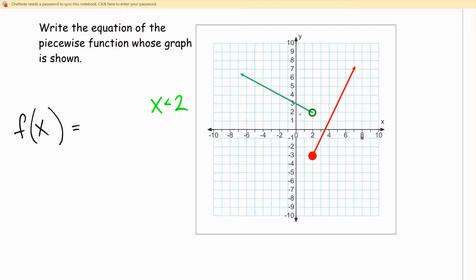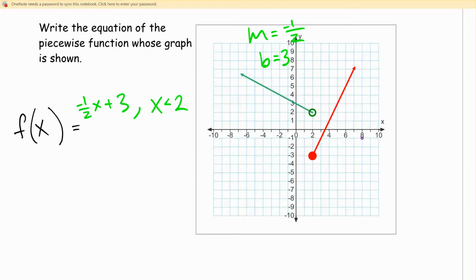And we can see that our y-intercept is 3. And our slope looks like we're going down 1 and over 2, so our slope is negative 1/2. So that's the equation, negative 1/2 x plus 3, and our constraint is for x values that are less than 2.